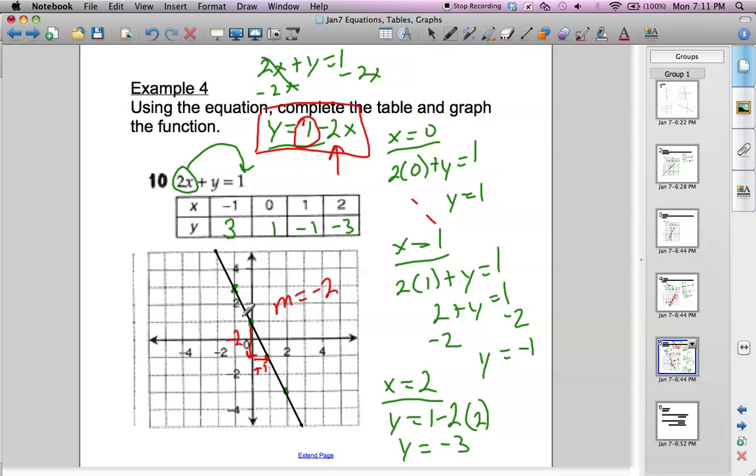That's the same as the y-intercept, which is right there. Y-intercept equals 1. Okay? So slope is negative 2, the y-intercept is 1. If you forget all that stuff, you can always just use your equation to fill out table values and then plot the points and graph.